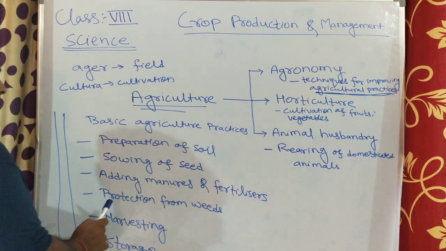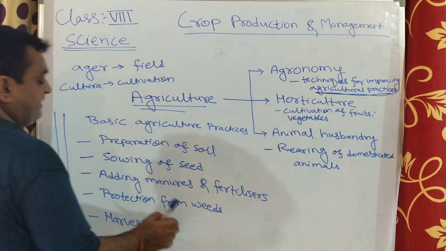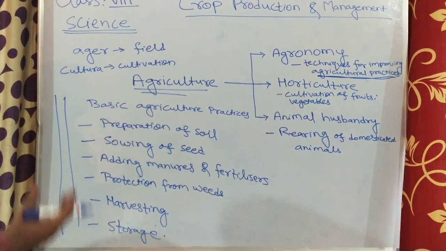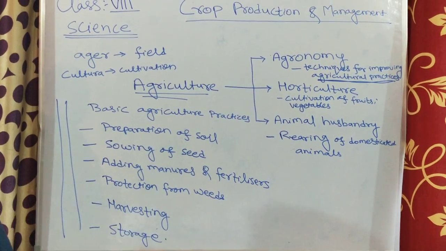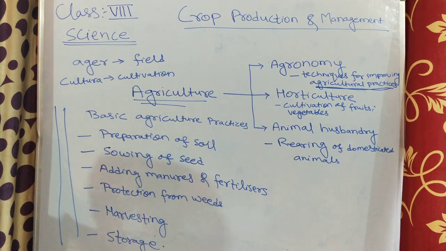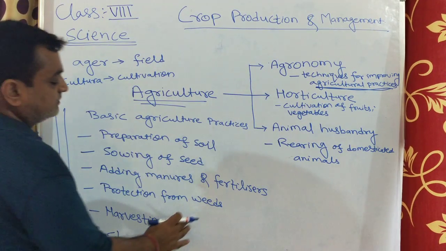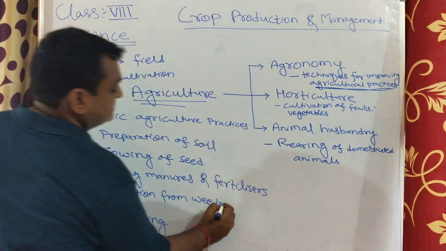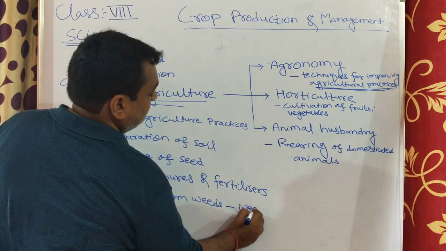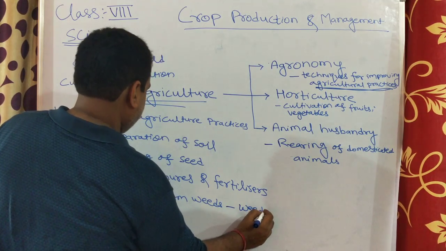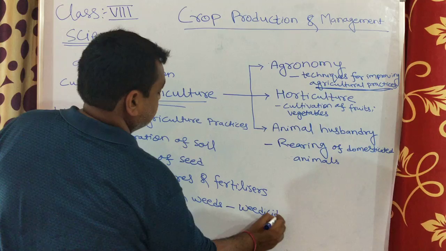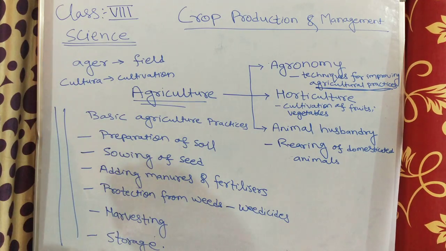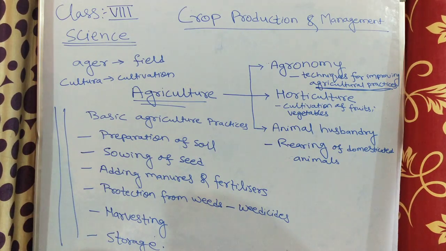Protection from weeds. What are weeds? Weeds are unwanted plants. In order to destroy weeds, we use weedicides. Next is harvesting and then storage.